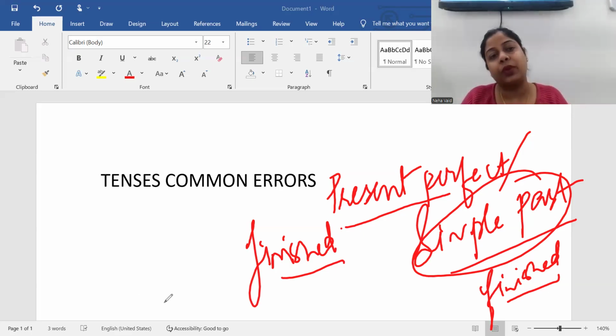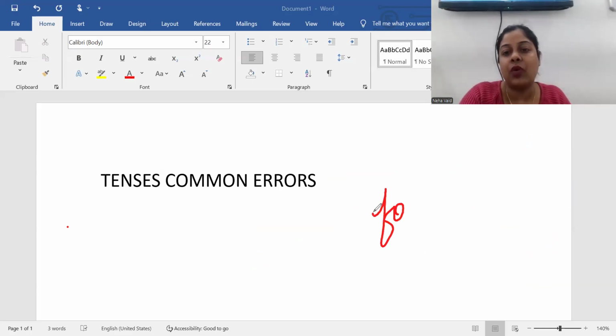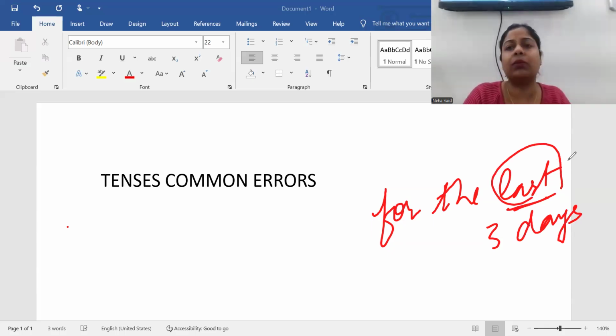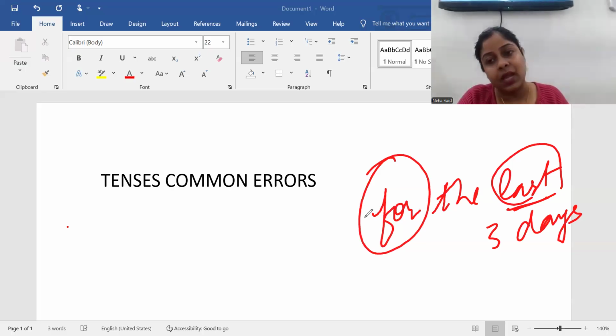And then we have present perfect continuous. Many students get confused with the term. Suppose I have mentioned for the last 3 days. Just because the word last has come, the students think, ma'am, it is in past, so we have to use past. No. For denotes your perfect continuous action.